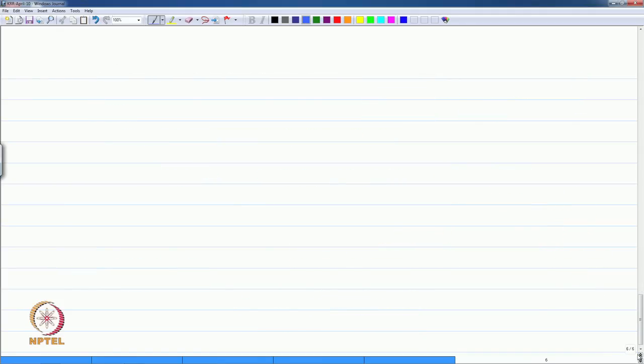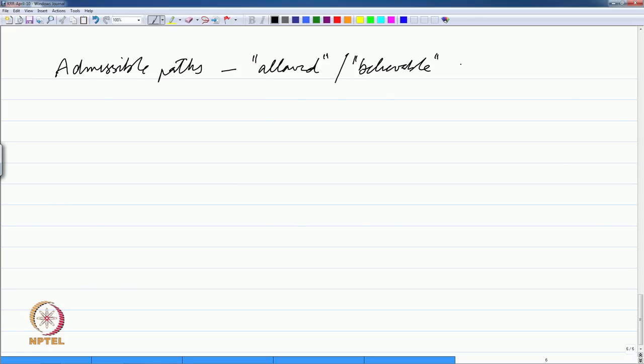So, for that we have a notion of admissible paths, which are allowed or which can be believed in, or you might say which are credulous.